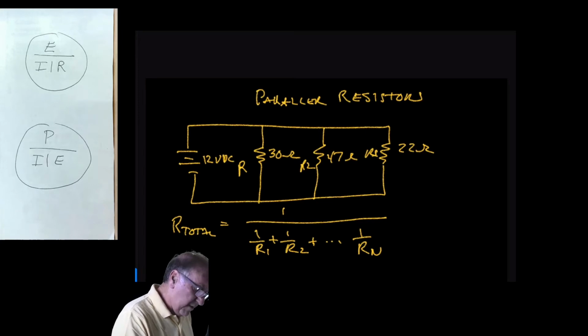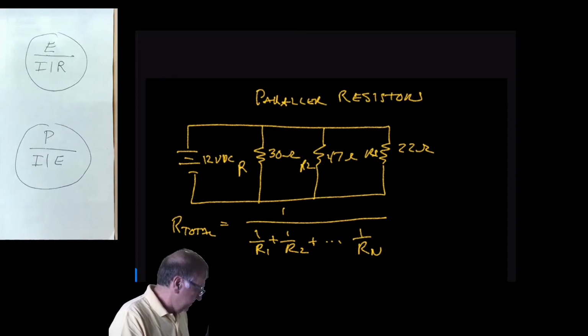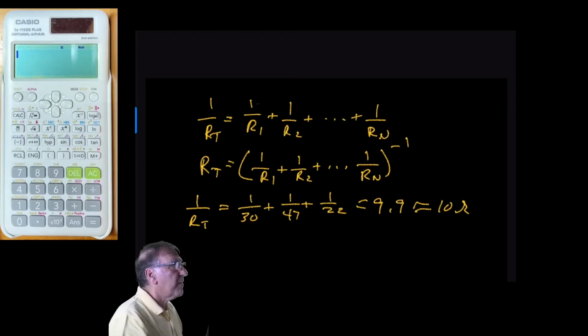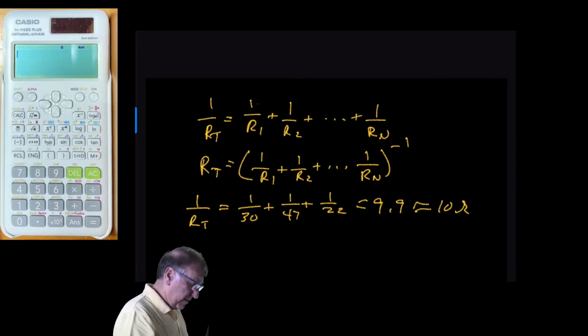So this is one way to express the total resistance of a parallel circuit. Another way to express R total is by this expression, and then there's a third way by this expression.